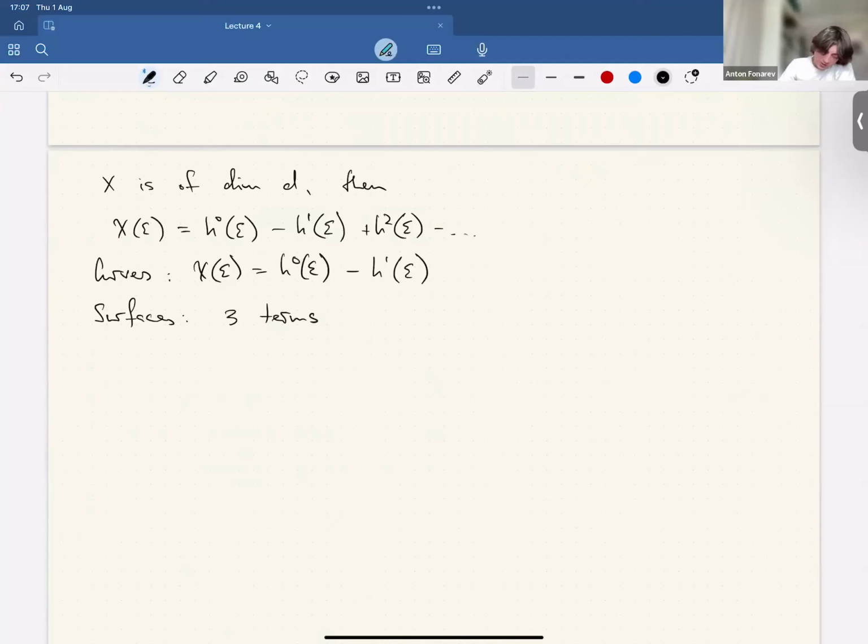All right, well, now the second ingredient that I want to recall is Serre duality.